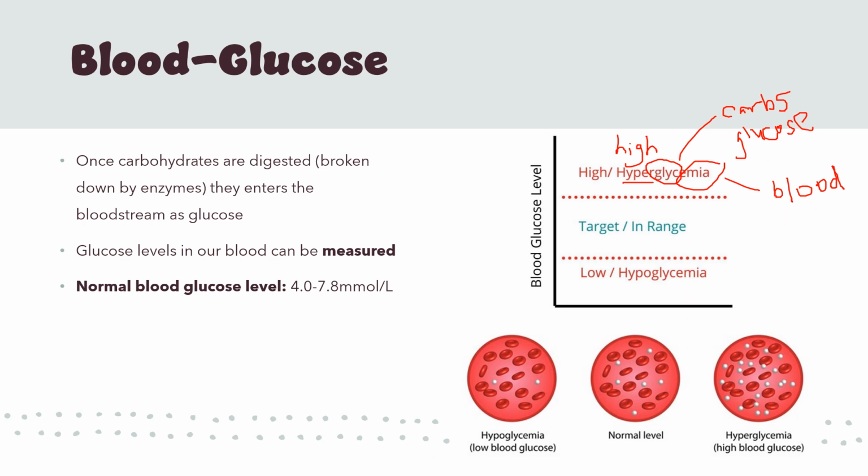Hypo is low. So hypoglycemia is low glucose in the blood, or low levels of glucose in the blood. And you have some images down here that explain that. So we want our normal levels to be this 4.0 to 7.8 millimoles. Below that range, we have hypoglycemia, not a lot of glucose in the blood. Above this range, we have hyperglycemia, a lot of glucose in the blood.